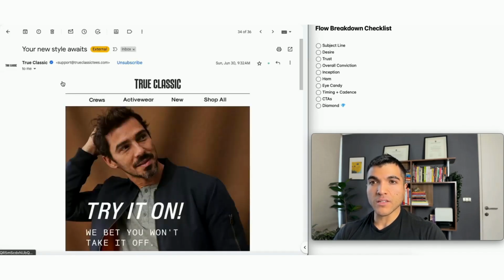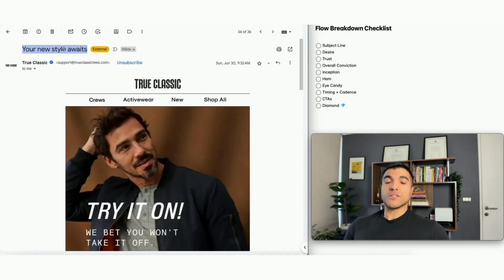Your new style awaits. New style awaits. This is a better subject line. So this is framing the email differently, which I like. New style. This is part of a new identity that you're building with their clothing, right? And that is cool because when you buy one of their items, you form this new identity that you resonate with.